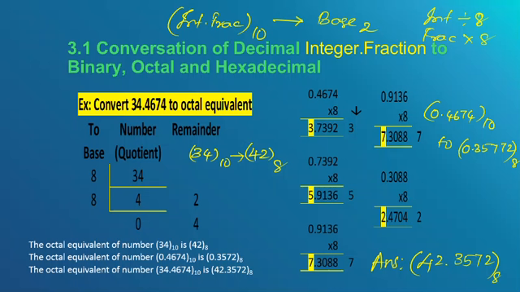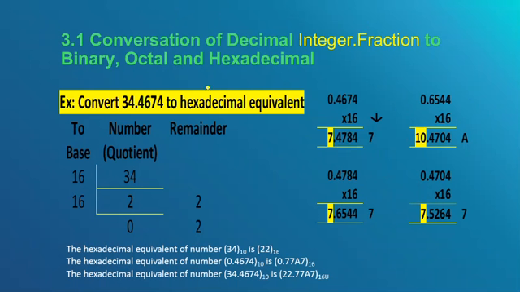So this is how it is done for conversion of an integer fraction to binary and octal. Similarly, for hexadecimal, the integer part will be divided by 16 and the fractional part will be multiplied by 16. You'll see an example, the same example I have taken. I have divided the integer part by 16, so the answer is 22 in base 16. Here the fraction is multiplied by 16. When I multiply the first fraction, I get integer part 7.